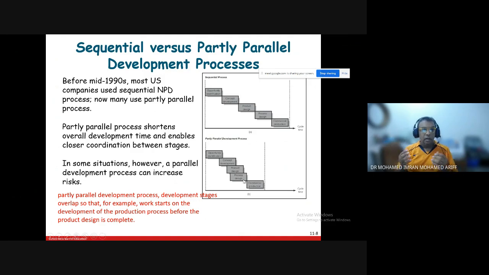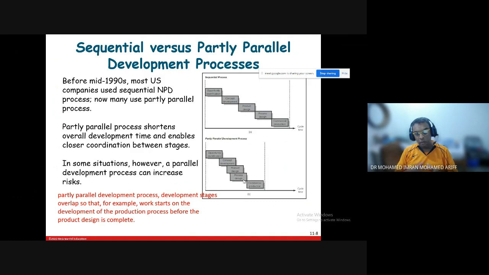So parallel development process is a situation whereby before the end of the current process, the new process can be done. So you do not have to wait for the current process to finish. You can just start on a new process. Okay, that is partly parallel development process.